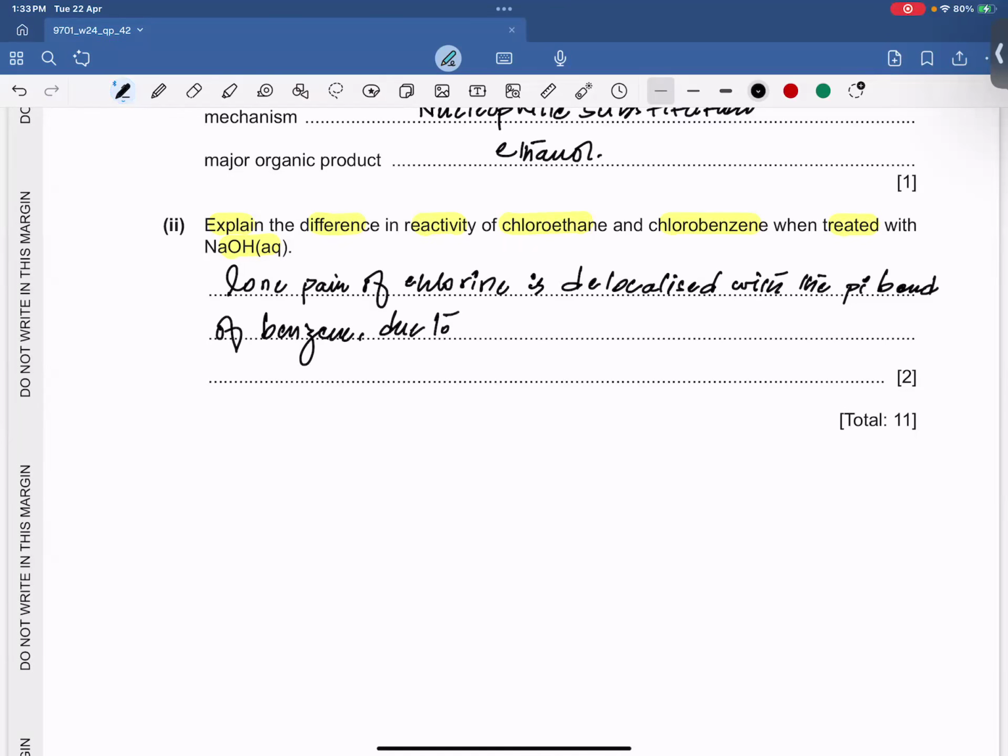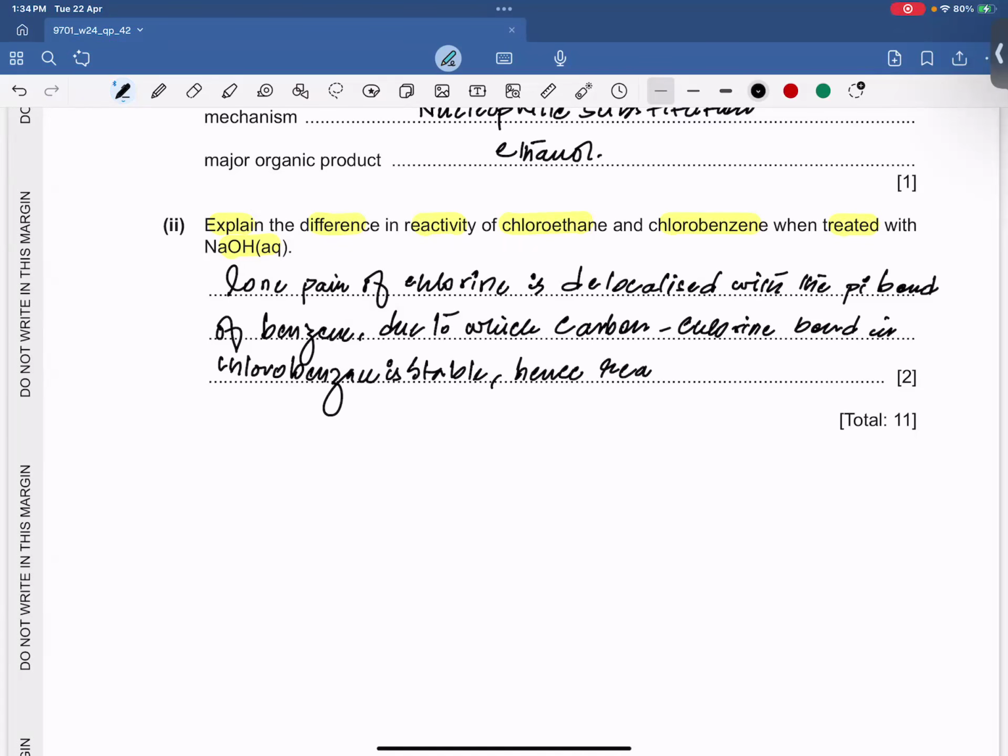So due to which the carbon-chlorine bond in chlorobenzene is stable and unreactive. All right. Hence, the reaction cannot take place.